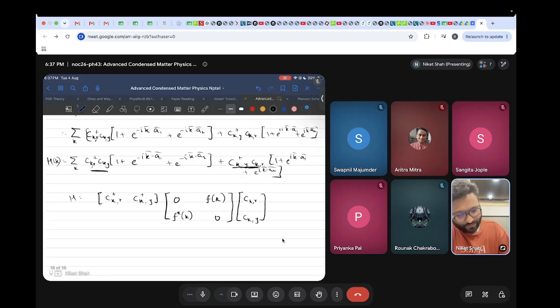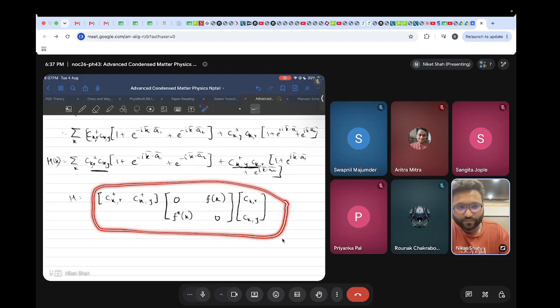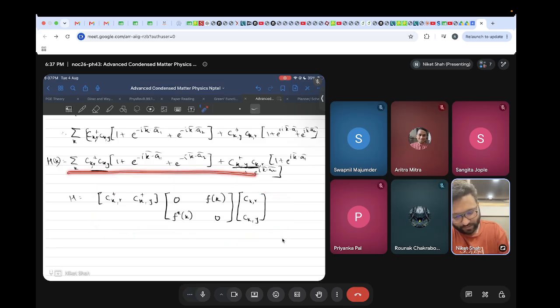So basically if you open up this matrix equation, you end up getting exactly these terms, and obviously this is H, but this is H of k.